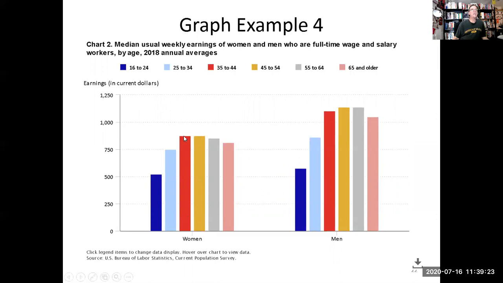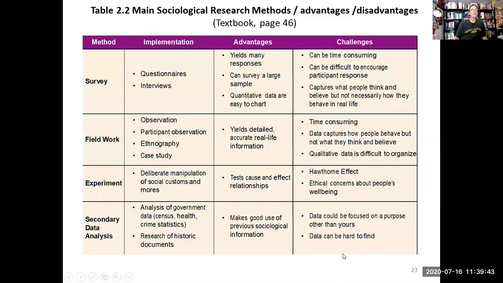Women and men by different age. You see that it's a little bit different. Where are they closest? This is probably where they're most similar, in the 16 to 24 age group. Think about why that might be, and we'll get back to that when we talk about gender inequality.